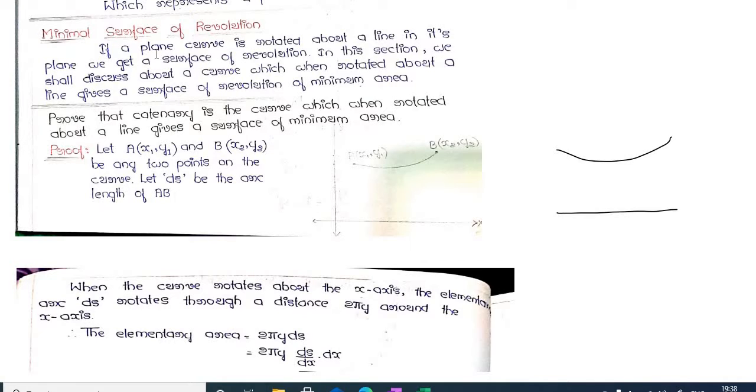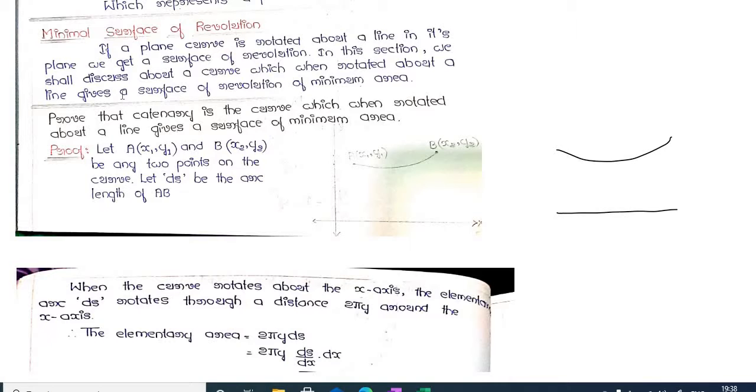So, minimum surface of revolution. Here, if a plane curve is rotated about a line in its plane, we get a surface of revolution. So take one pen, take one more pen on the top, rotate around the first pen, then you are going to get one surface, that is called a surface of revolution.